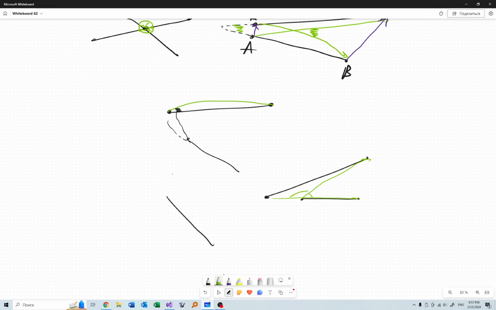Then between here and here, we have some intersection. Okay.